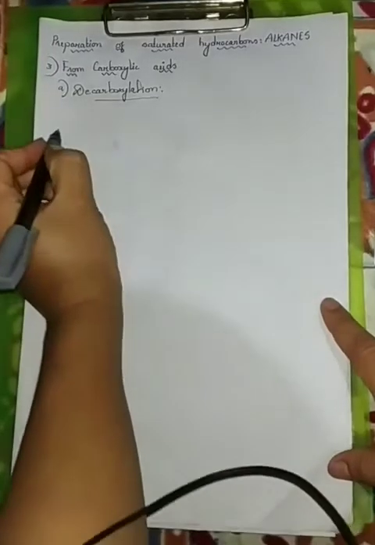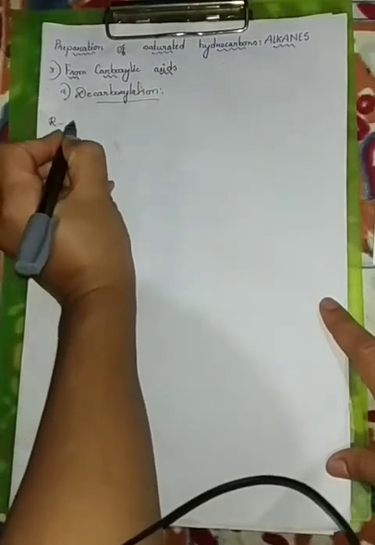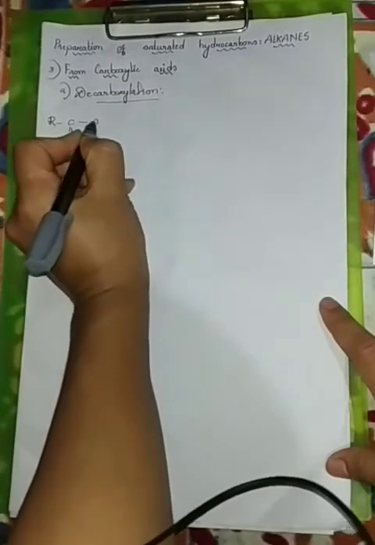The name itself says decarboxylation, therefore it is the removal of carbon dioxide. Here salts of carboxylic acids are used, a typical example would be this.